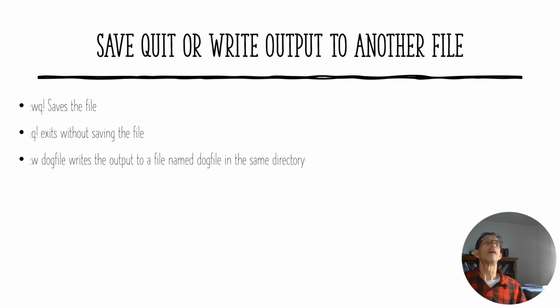If you said, wow, I've made this perfect, I want to save it in the current file, you would put :wq and exclamation, and that saves the file in its current location. So again, if you look at the third bullet there, I have a :w and then dogfile. So that's going to save the output of this file into another file in the same directory named dogfile.